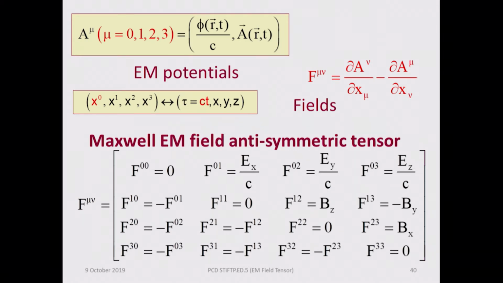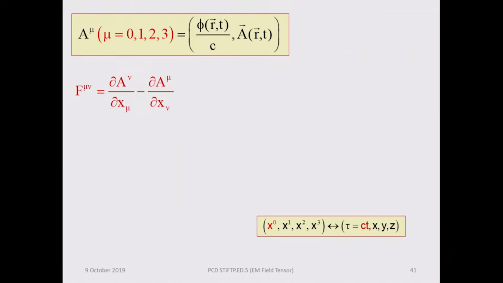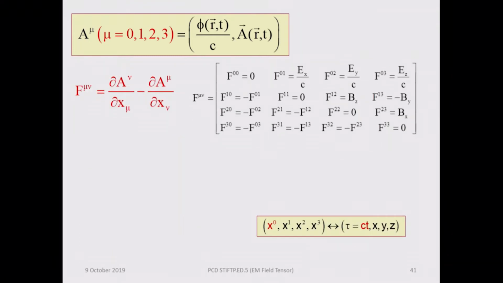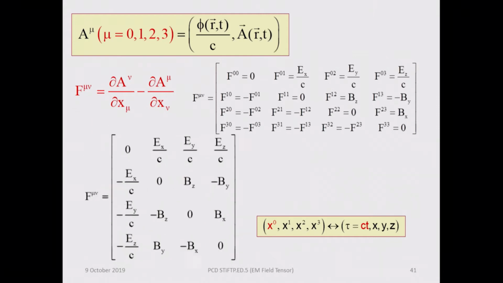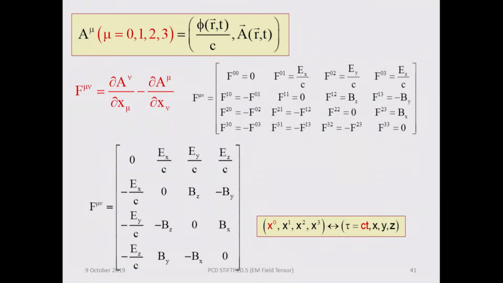So, you can now write this field tensor with all of these derivatives taken, and the field tensor is now given by what you have on the lower left part of this screen. So, this is the electromagnetic field tensor, or the Maxwell field tensor as it is sometimes called.